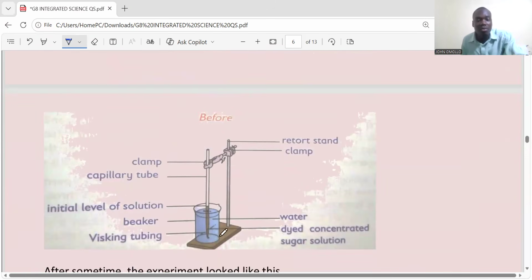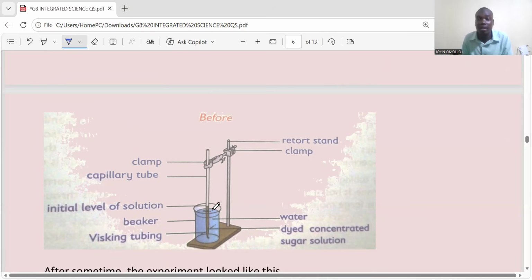So water entered and formed a solution with the sugar solution in the capillary tube, increasing the volume through a process called osmosis. So water moved from the region where it is high to the region where it is low. And remember, where we have the sugar solution, it is more concentrated than where we have the water.